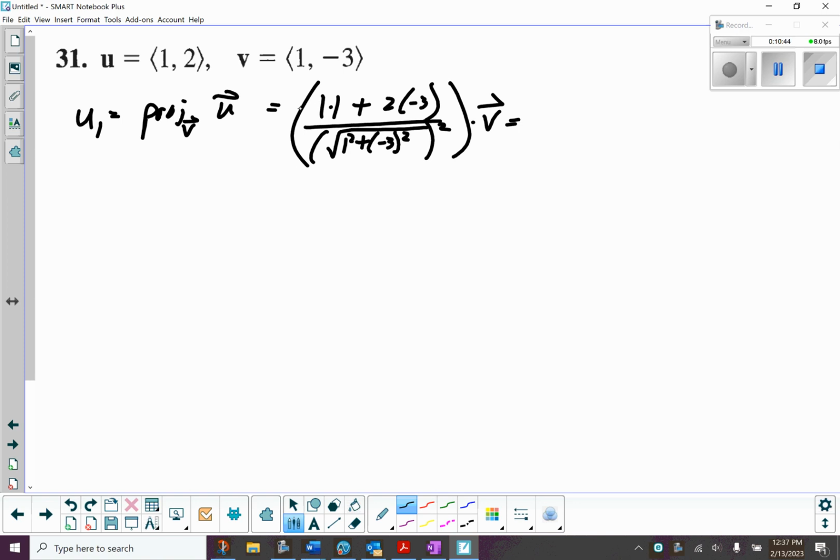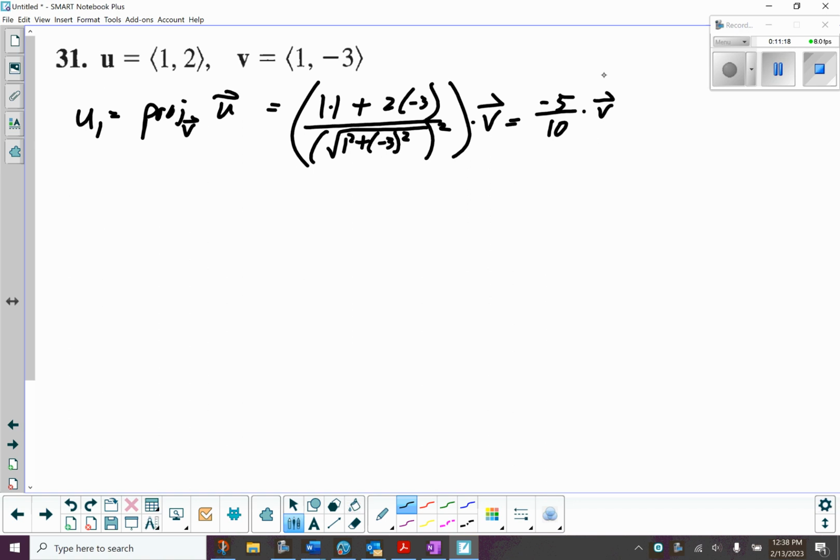So 1 times 1 will give us 1. 2 times negative 3 will give us negative 6. 1 plus negative 6 will give me negative 5. And then for the vector v's magnitude, 1 squared is 1, negative 3 squared, positive 9. 1 plus 9 is 10. The magnitude squared is, well, 10.